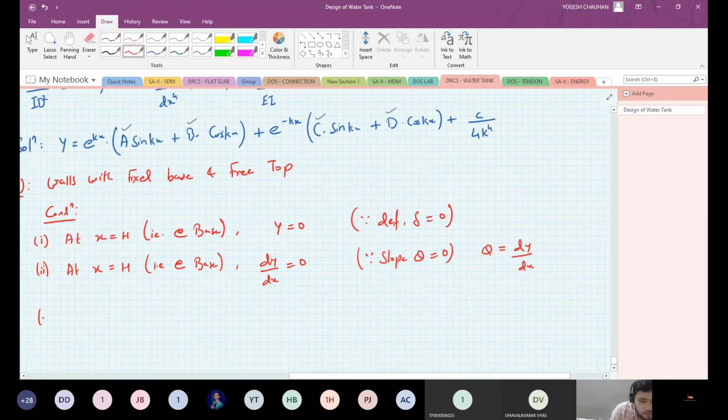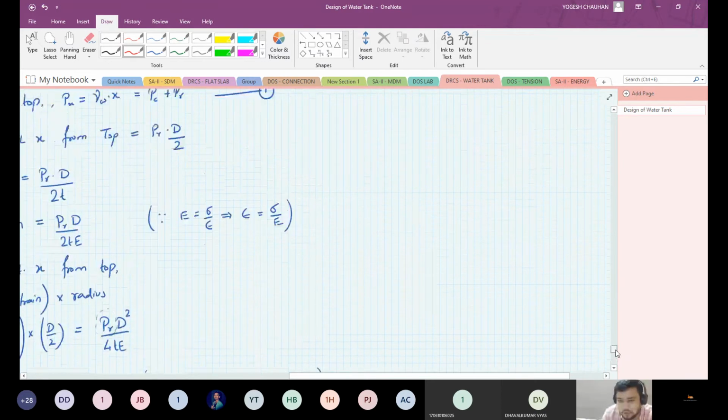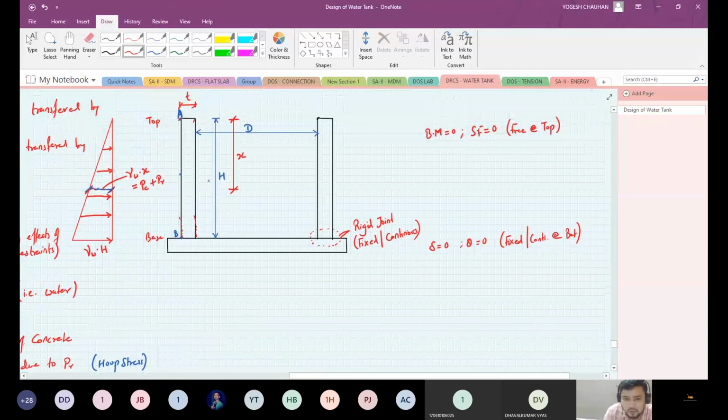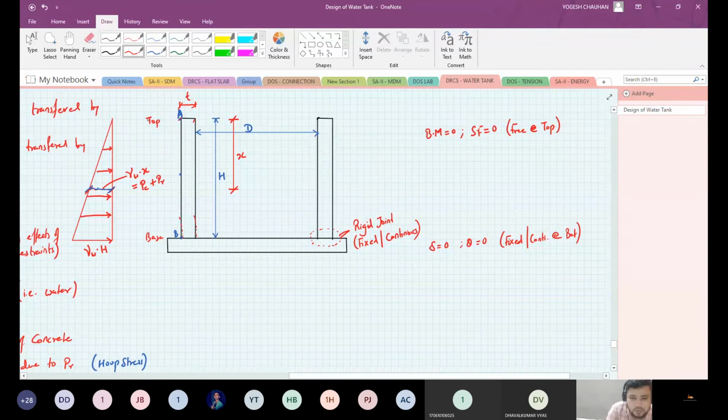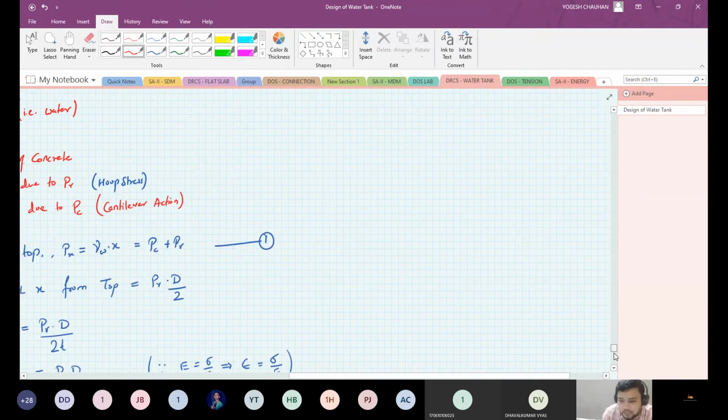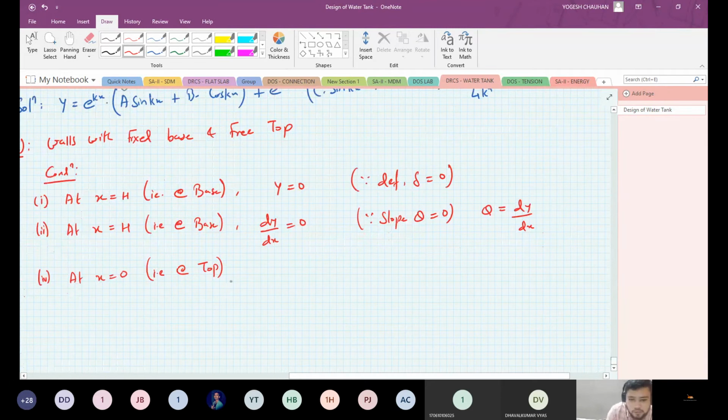Then at x equals 0, that is we are at the top. So at the top, bending moment is 0 and shear force is 0. So at the top, your bending moment is equal to 0.